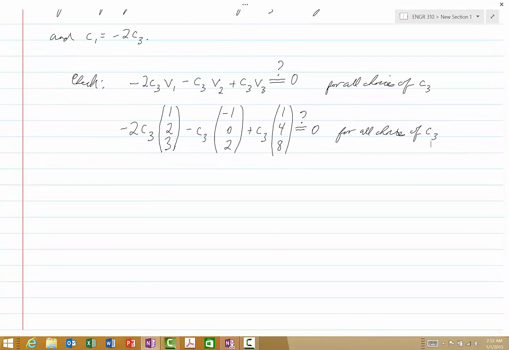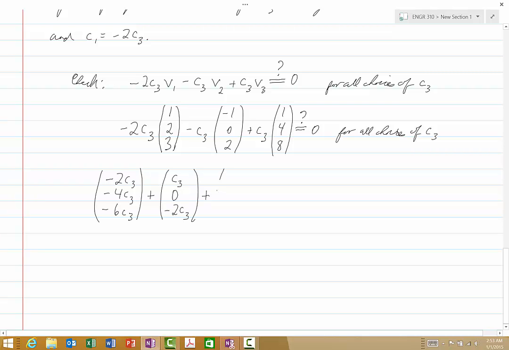Okay. So the first vector, when we multiply it by negative 2C3, we will get minus 2C3, minus 4C3, minus 6C3. When we multiply the second vector by negative C3, we will get plus C3, 0, and minus 2C3.